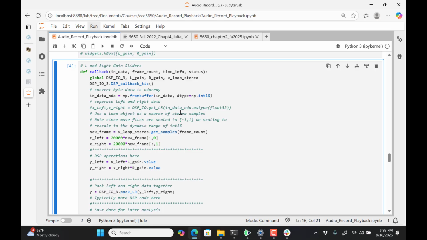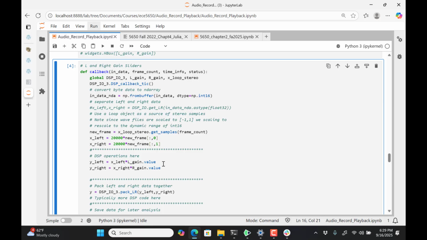I'm grabbing samples from an object that I created outside. And I'm going to pass those samples, break them apart into stereo. Index 0 is left and index 1 is right. And I'm going to scale them up to be integers as they get processed and sent back out of this callback.